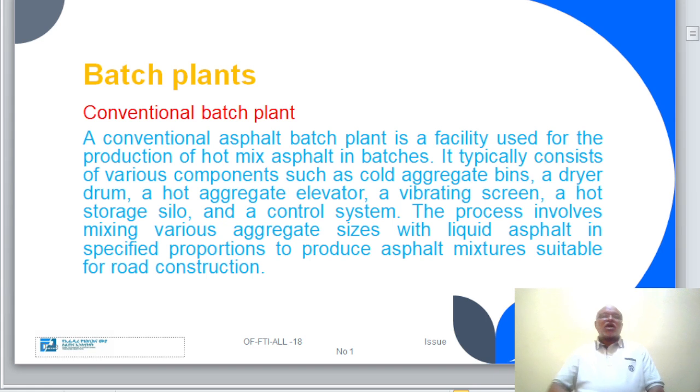The basic advantages of a conventional batch plant, which is usually stationary, are the following. They are flexible to produce all types of asphalt. Small tonnages are possible to produce. A high percentage of reclaimed asphalt can be added. Storage of mixed asphalt is not essential and emissions are within acceptable limits.